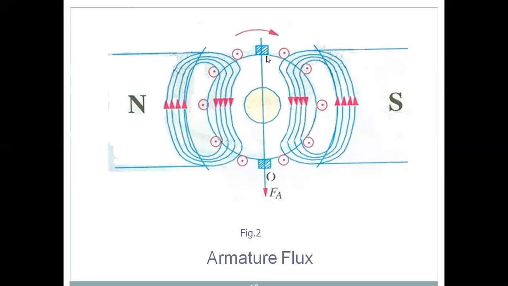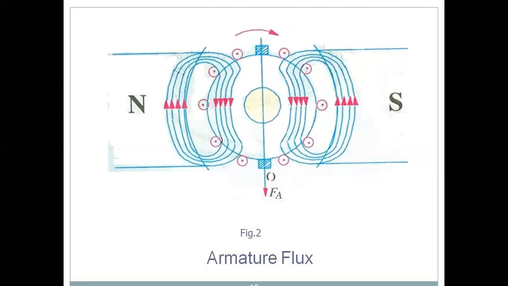If these are the cross, then this is the dots. Suppose we consider crosses on the left side of the brush, the left side of the armature conductors. It is indicated by the cross or dots.